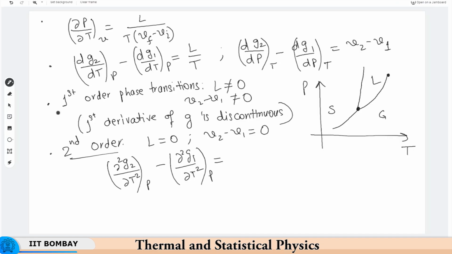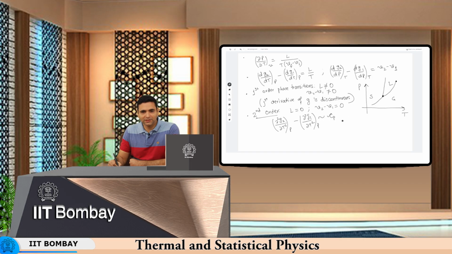We saw in the last class, I will not write down the entire expression, that this was proportional to the specific heat at constant pressure, and similarly the difference between the two phases of the second derivative of the Gibbs potential with respect to pressure scaled with the isothermal compressibility.